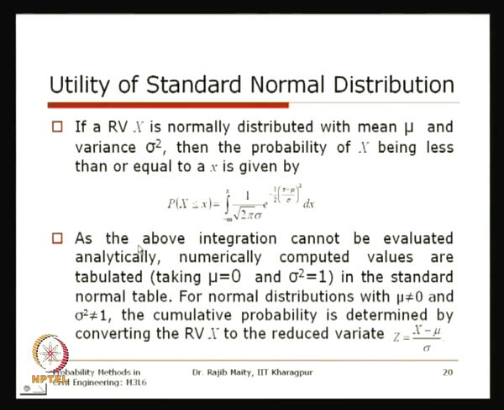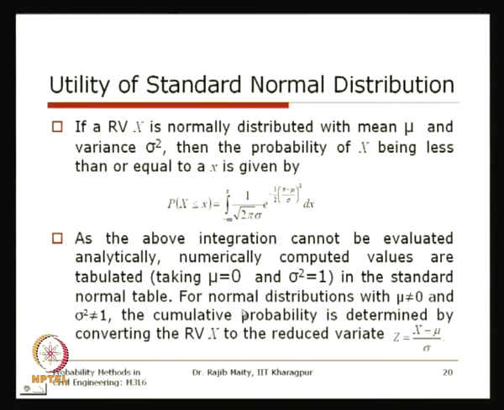Now, as the above integration cannot be evaluated analytically, as we discussed just now, the numerically computed values are tabulated taking mu equal to 0 and sigma equal to 1, that is the standard normal distribution. So, for the standard normal distribution, these values are numerically computed and listed.